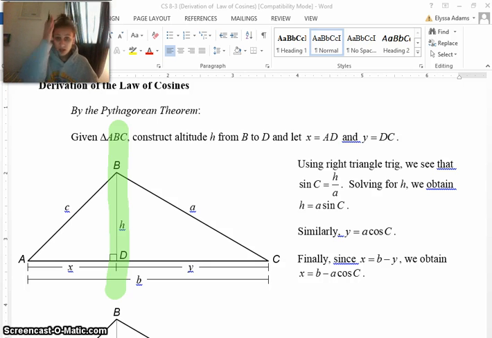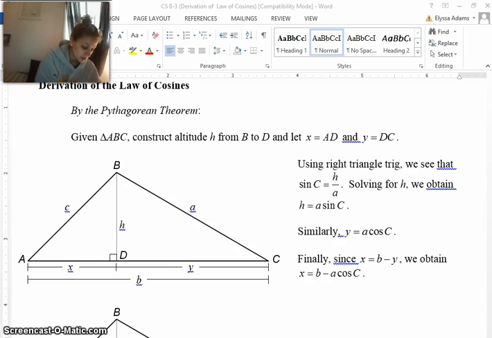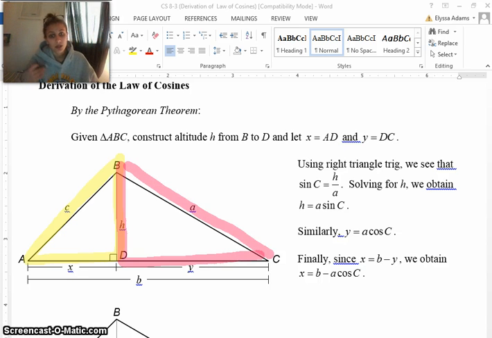When I dropped in that perpendicular, now I've got this right triangle over here and this right triangle over here, both of which are fair game to use SOHCAHTOA and the Pythagorean theorem.